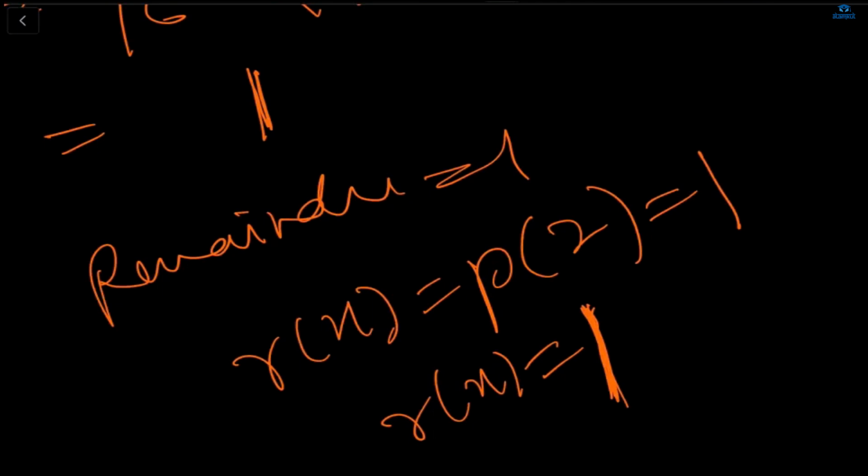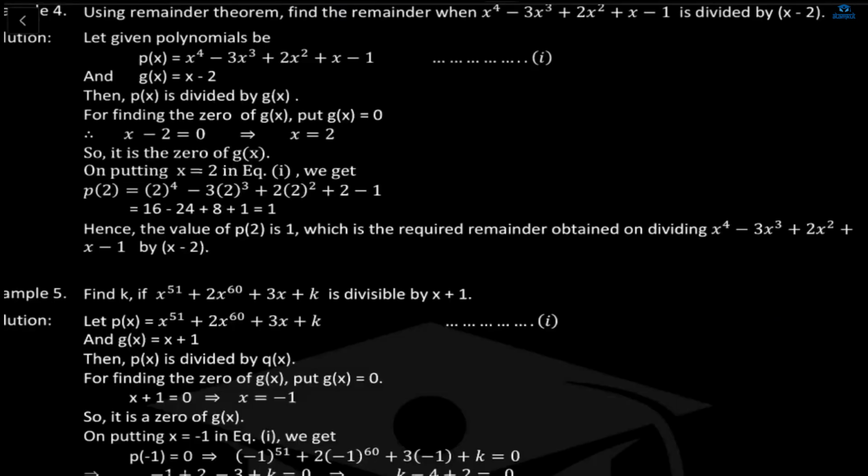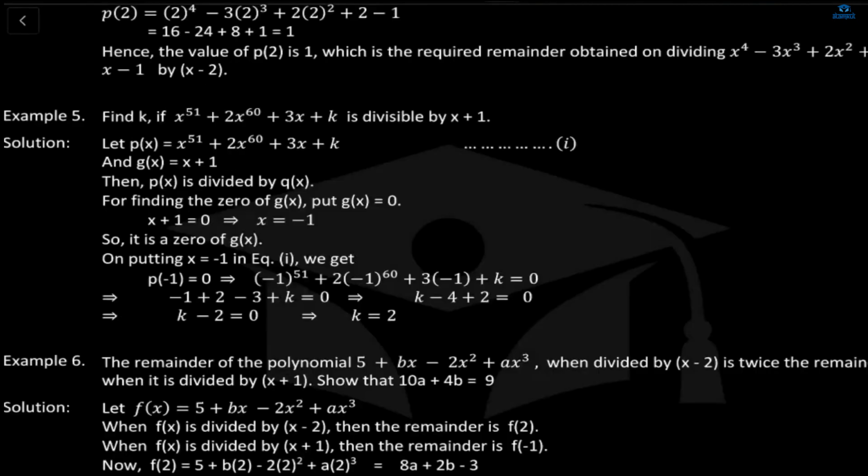Have you understood how I used the remainder theorem to solve this question? Yes, ma'am. Advika says it's the same as finding the zero of the polynomial. Yes, you can say that. You put the value in P(x) and get the value, the same method. But the question is a little different.